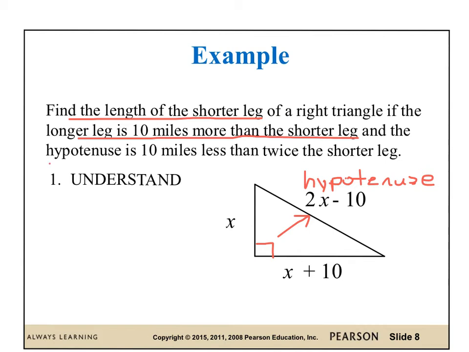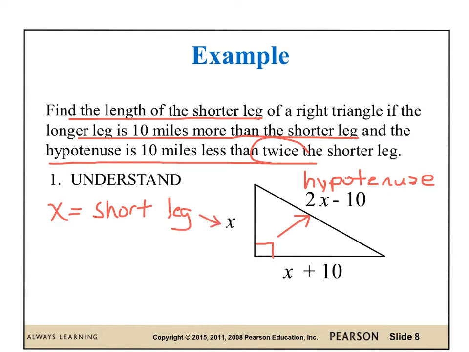And we're told that the hypotenuse is 10 miles less than twice the shorter leg. So this is the short leg. And then the longer leg we are told is 10 miles more than the shorter leg.